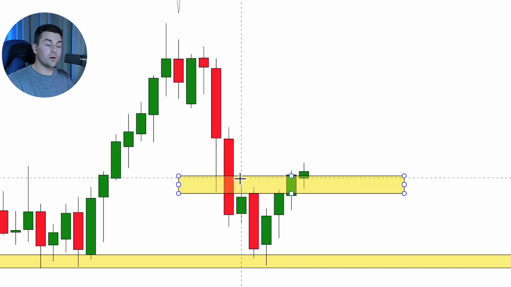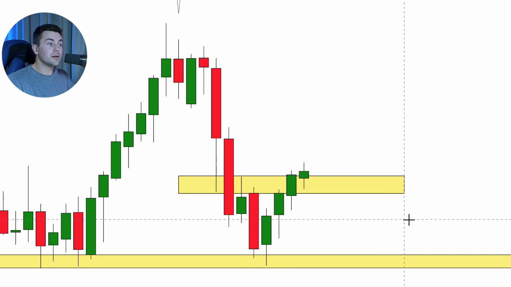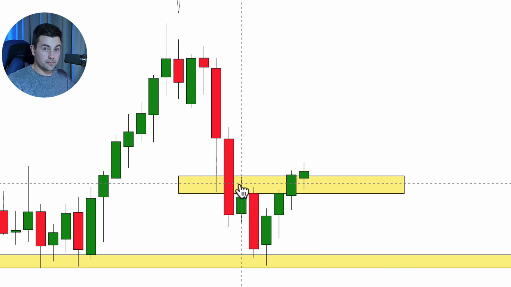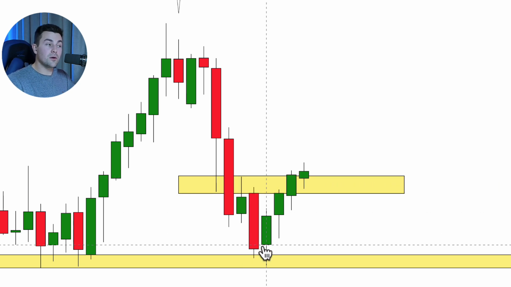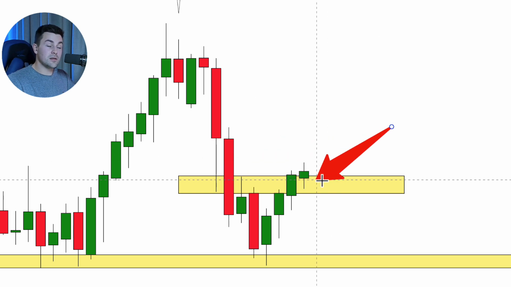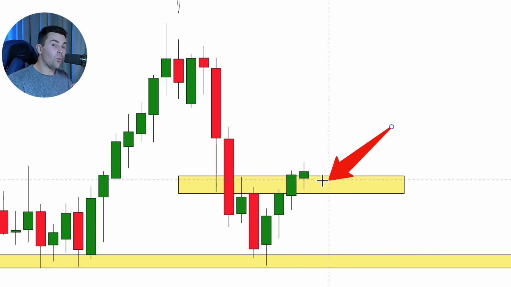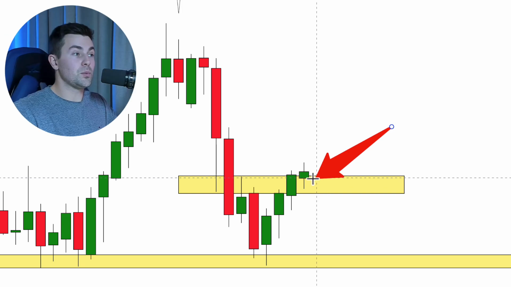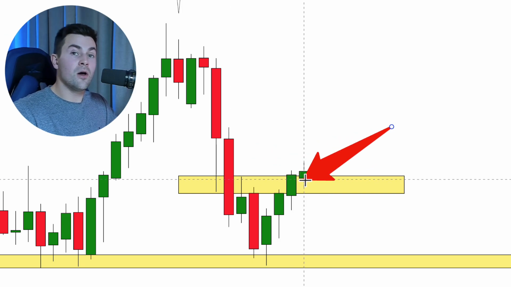Then after the breakout, that minor support turned into resistance, and we saw a clear interest of the sellers in this resistance. From that minor resistance, bearish movement continued. So we may assume that within this yellow area, selling orders are accumulating. We may assume that sellers are selling from that resistance.